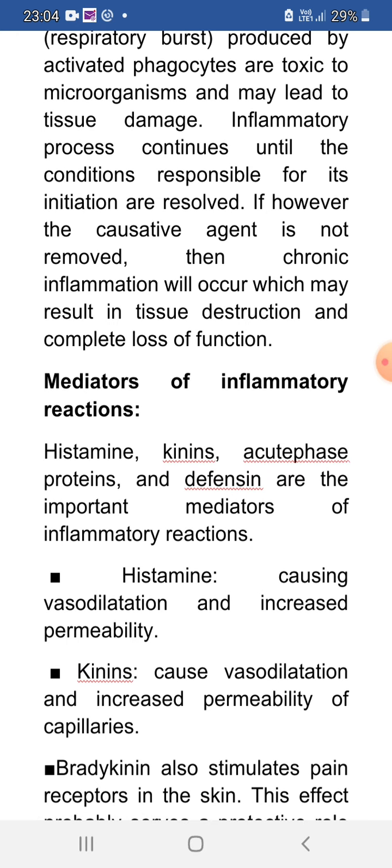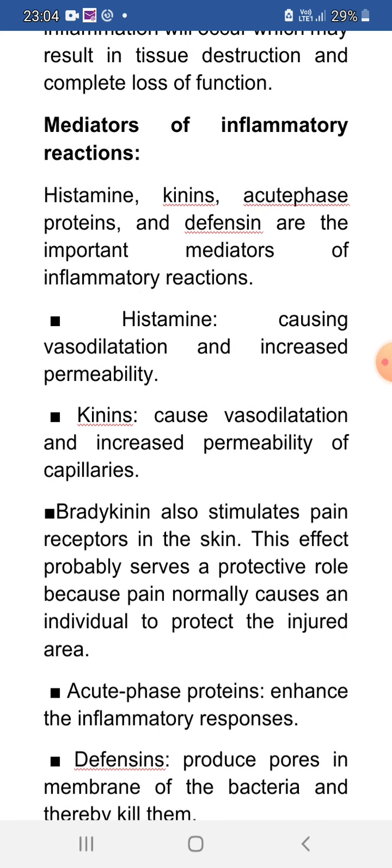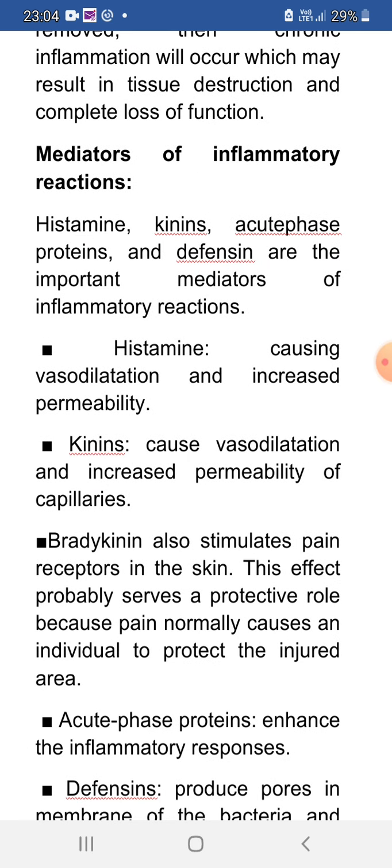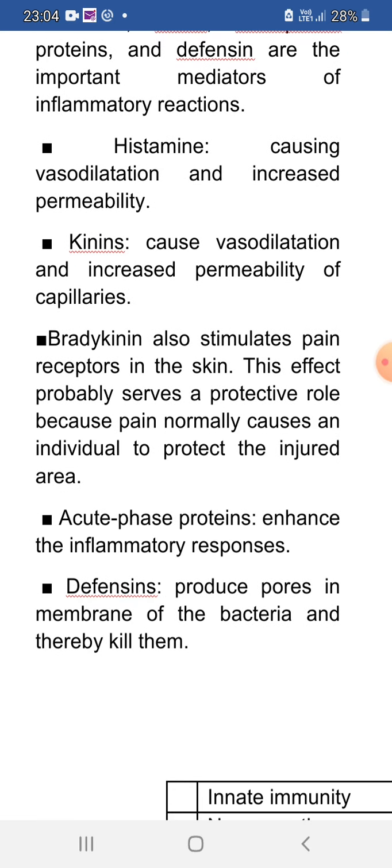Then you can look at the mediators of inflammation one by one. You see histamine, kinins, acute phase proteins, defensins. Histamines and kinins cause dilation and increased permeability. Bradykinin stimulates pain receptors, so it makes you feel pain, and that is a way of protecting yourself from injury, because once you feel pain, you do not continue to do whatever brought the pain.